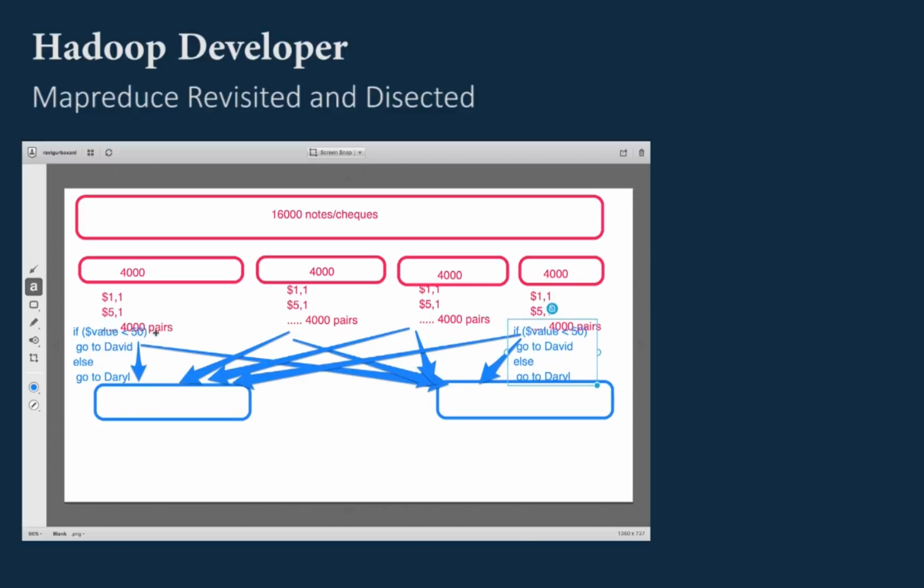So these 4,000 pairs are all here. Now what David gets as input is something like $1, 1111111, $5, so anything that's less than 50 will be given to David, and anything above 50 will be given to Daryl.